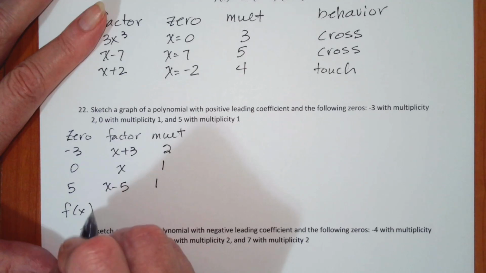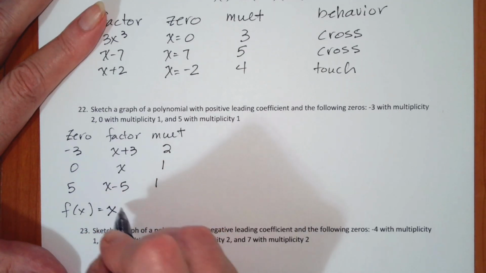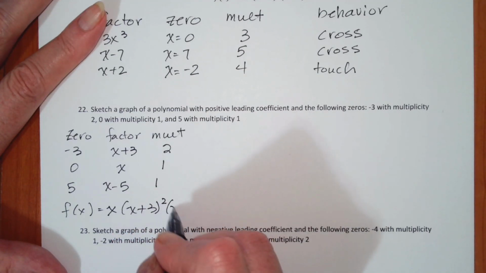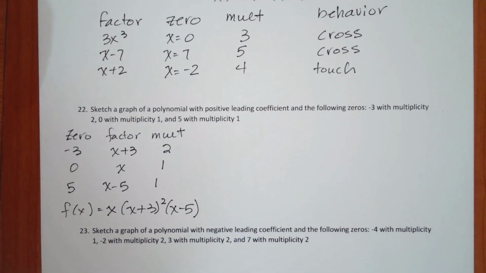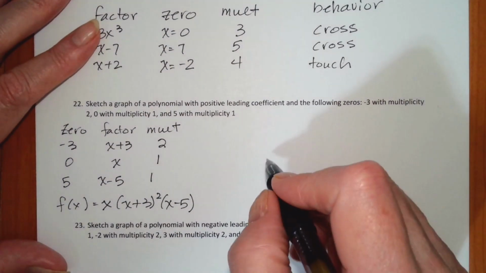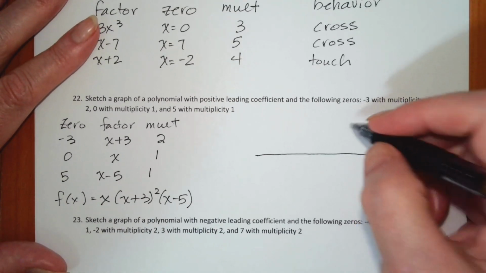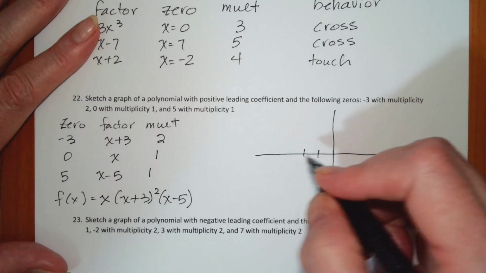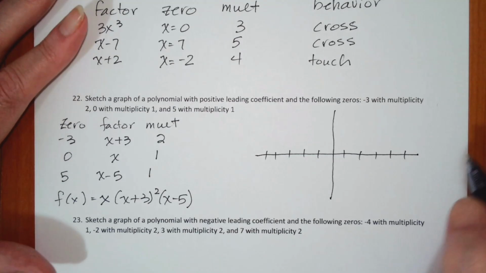So my f of x is equal to x times x plus 3 squared times x minus 5. Okay, so if I sketch a graph, and let's see, 1, 2, 3, 4, 5, 1, 2, 3, 4, 5.